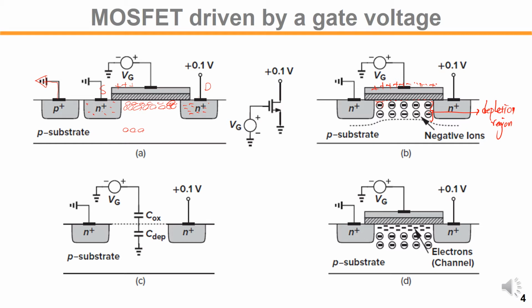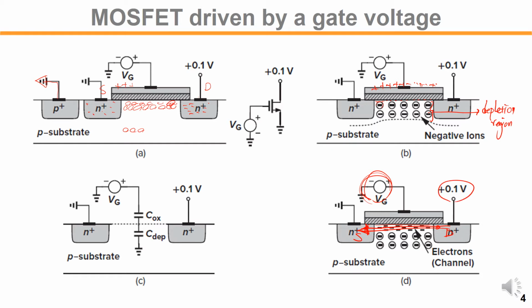Now if you drive an even higher gate voltage, then more free electrons are attracted to the surface, so they can see the voltage difference between the drain and source. Current flows from the drain to source because of this voltage difference.